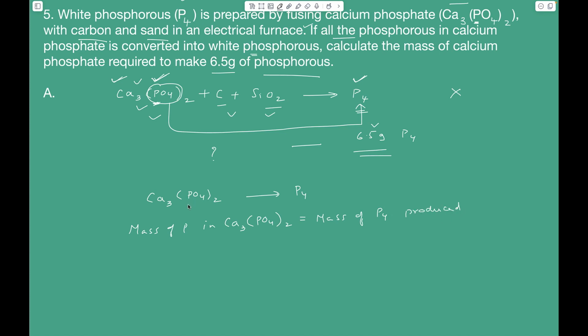All the phosphorus present in calcium phosphate is ending up as white phosphorus, and there is no other source of phosphorus among the reactants.